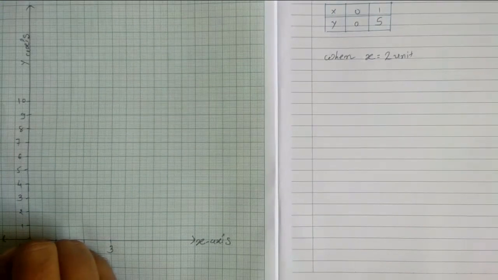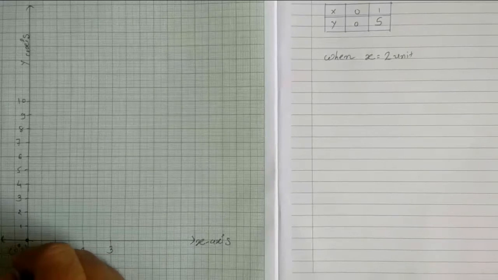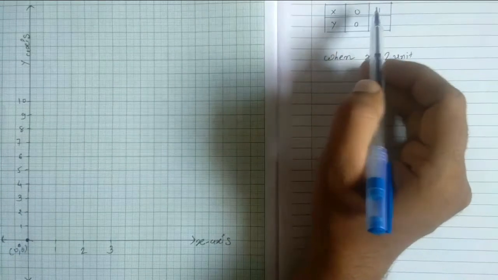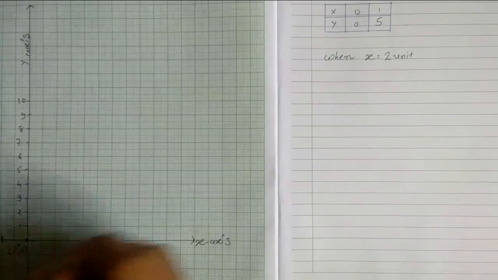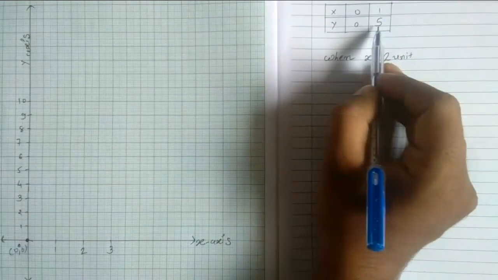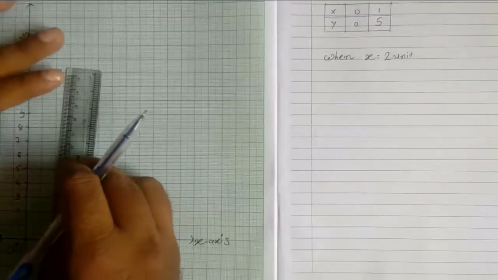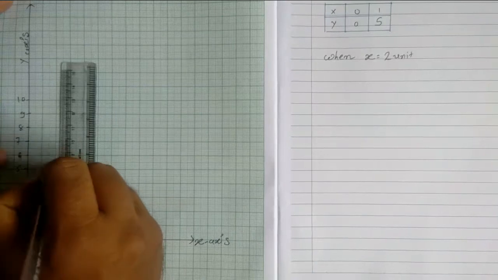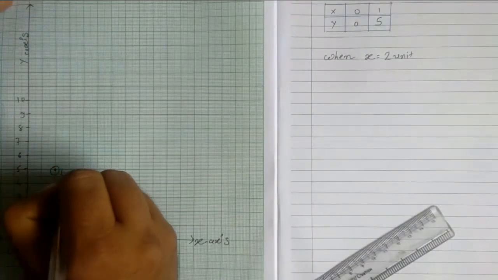Now the second coordinate is when x is equal to 1. So where is the 1? Yes, 1 is here. At that time y is equal to 5. So this is our second coordinate.